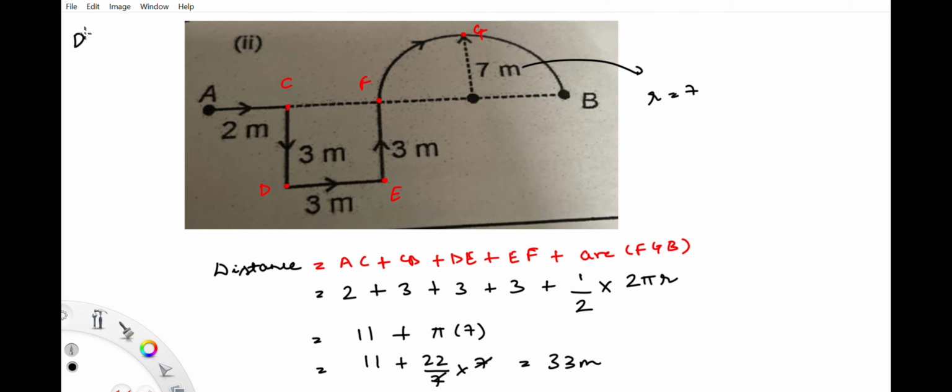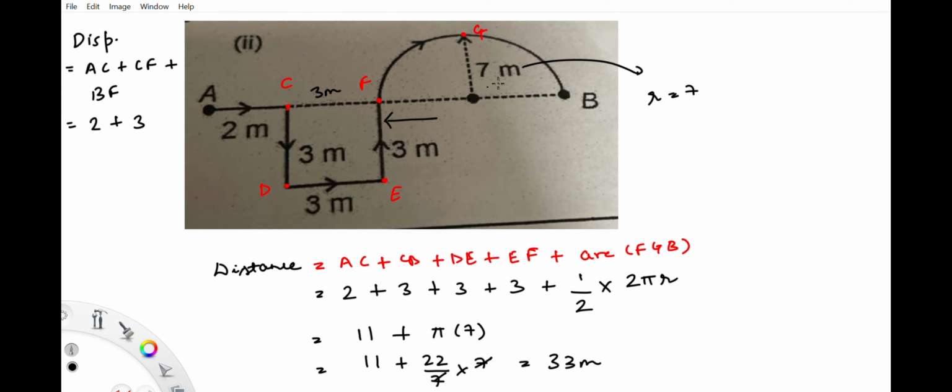Now, if I am to calculate the displacement, or the shortest path between the points A and B, I can calculate displacement as AC plus CF plus BF. Very simple. AC is again 2 meters, CF is 3 meters, because this is a square. If all three sides CD, DE and EF are 3 meters, CF also has to be 3 meters.